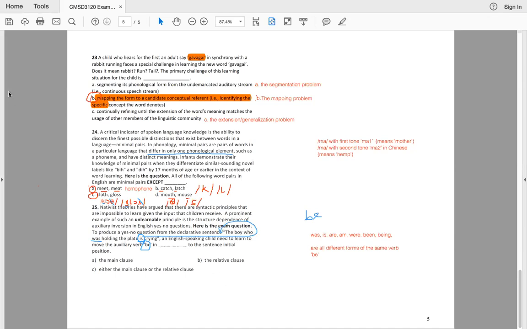So you need to say, is the boy who was holding the flag crying? And here, was is in the relative clause.